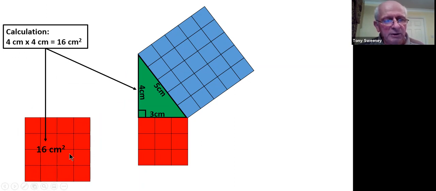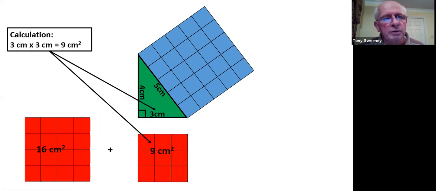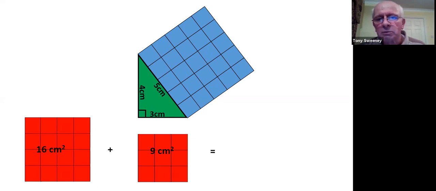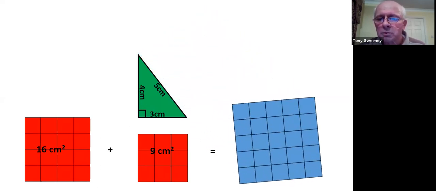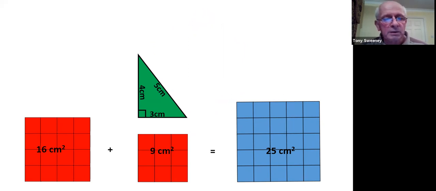So that's 16 centimeters squared. And we square this one, which 3 by 3 is 9 centimeters squared. And that's equal to 25 centimeters squared. 5 multiplied by 5 is 25 centimeters squared. So that's a visualization of it.